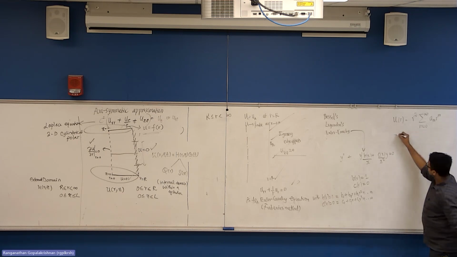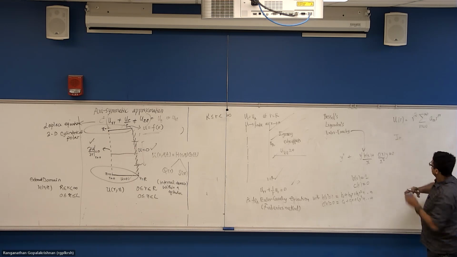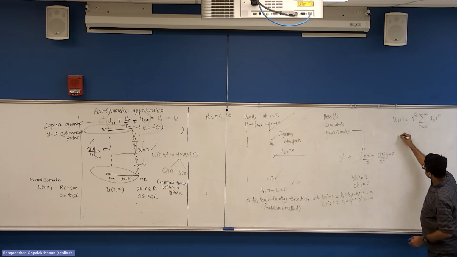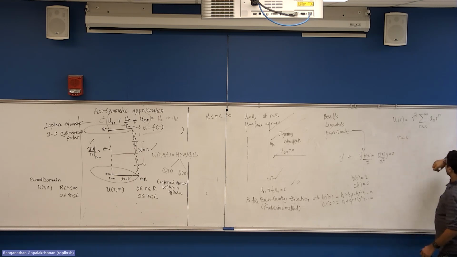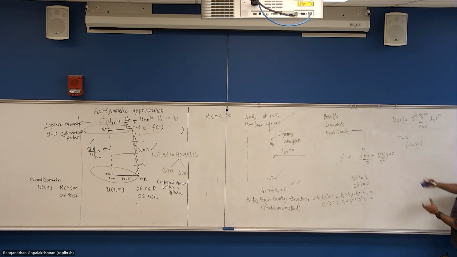And this next step will lead you to, for m equal to 0, we assume a naught is not 0 and write the indicial equation nu times nu minus 1 plus b naught nu plus c naught equal to 0, where b naught is 1, c naught is 0.